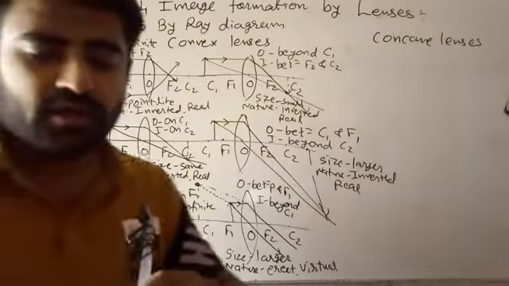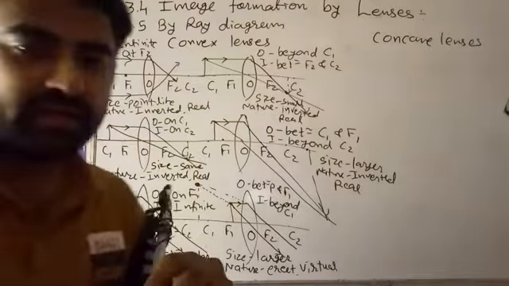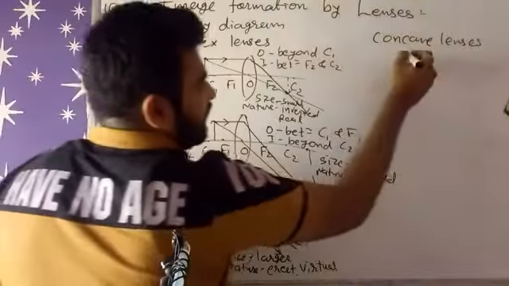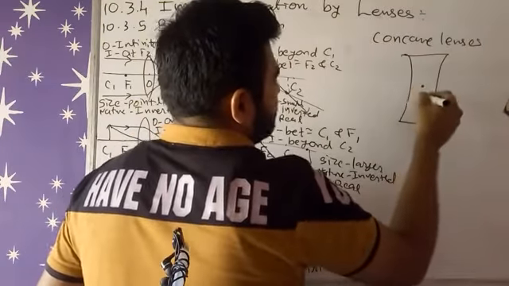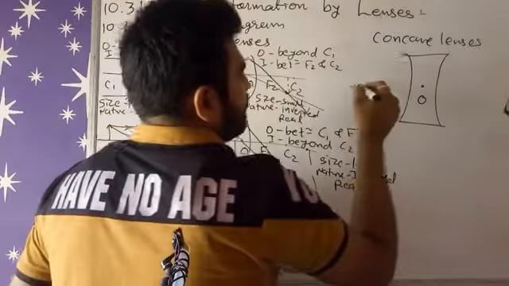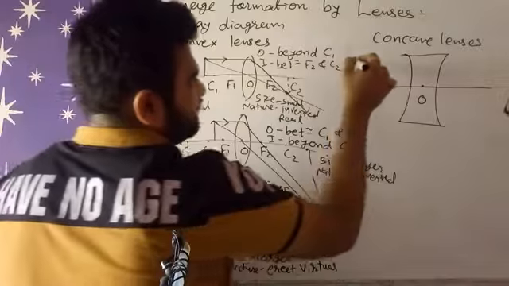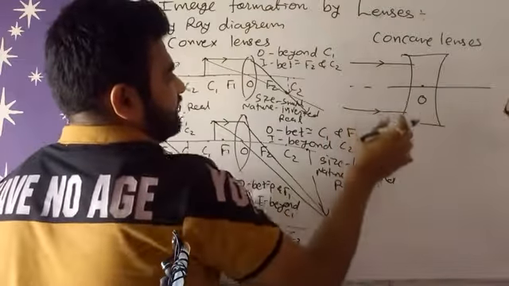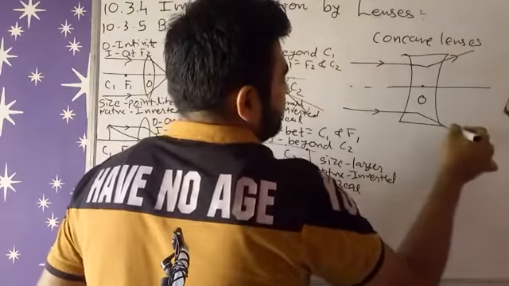Now we have concave lenses. For concave lenses we only have two characteristics. First I draw the concave lens. This is our optical center, this is the principal axis. For the first characteristic, light rays parallel to the principal axis diverge after refraction.